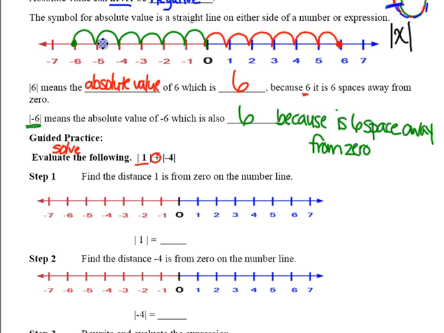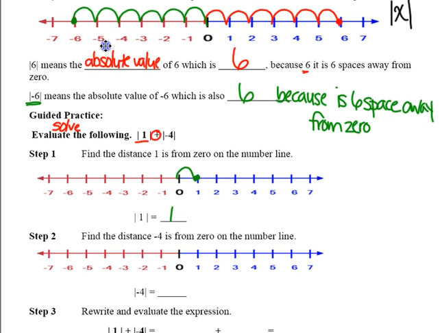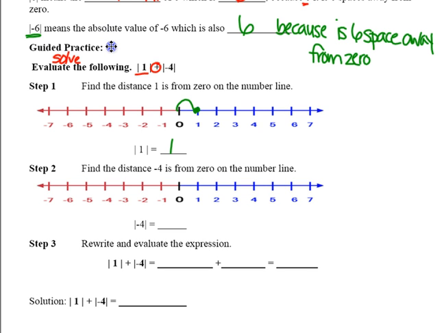Step 1 for this problem, we are going to find the distance 1 is from 0 on the number line. So again, we're going to plot our point, 1, and we have one step. So the absolute value of 1 equals 1. Step 2 asks us to find the distance -4 is from 0 on the number line.